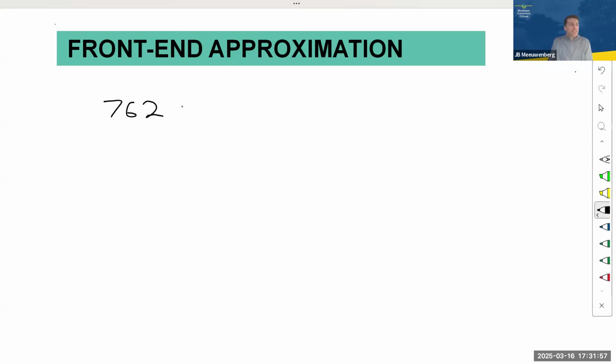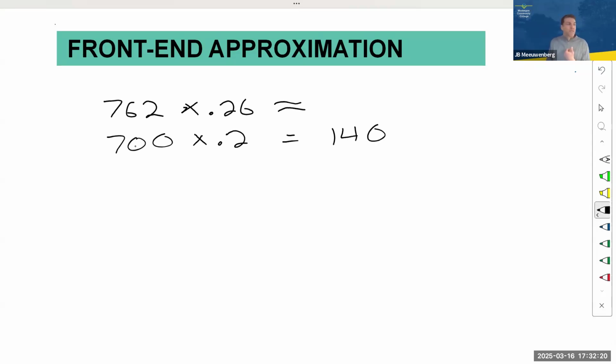So if you have 762 times 0.26, and you want to quickly just find out what this is, rounding it to the first digits, 700 times 0.2, allows you to kind of quickly see that this is going to be about 140.